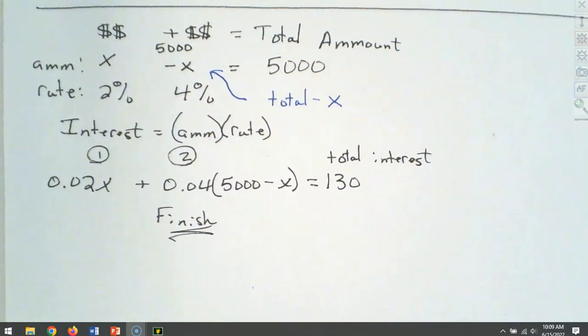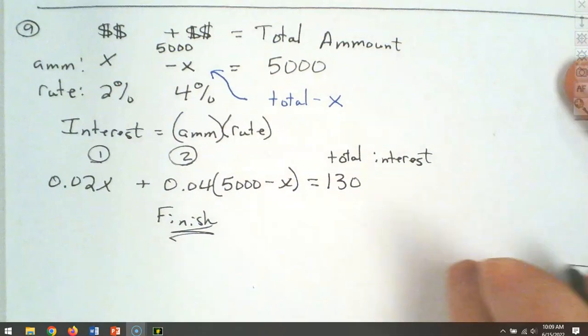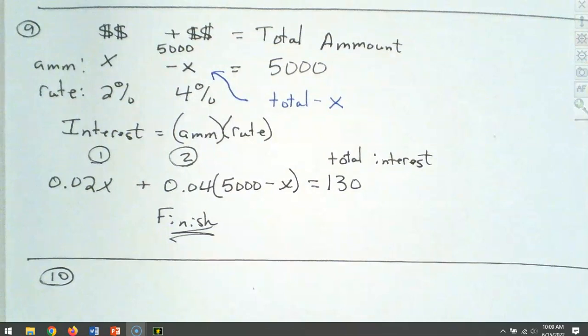Question 10, believe it or not, is actually one of the questions that students are most likely to miss. Students are likely to miss this one because of the fact that when you work with interest, it has to be in terms of years.